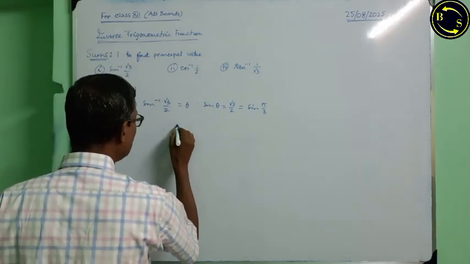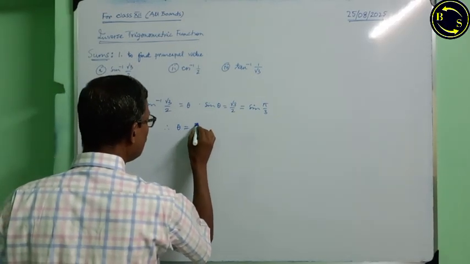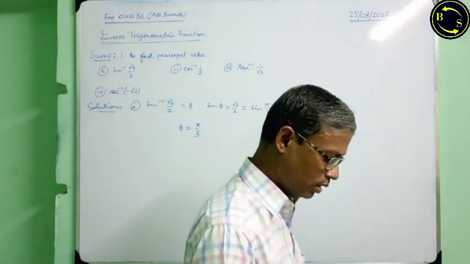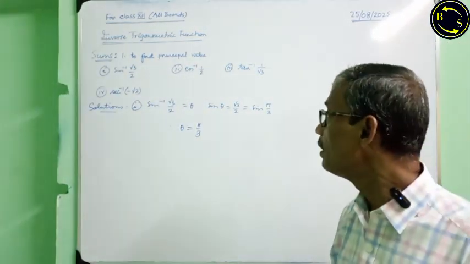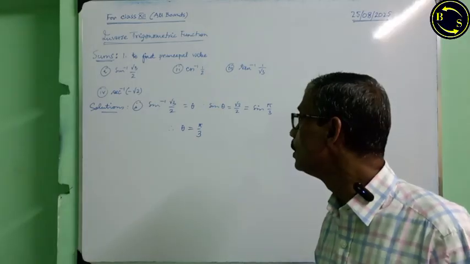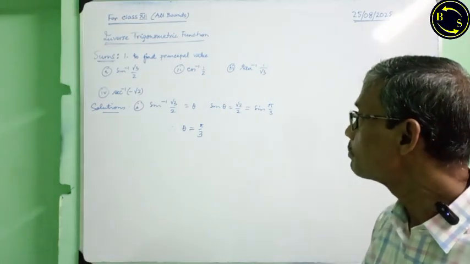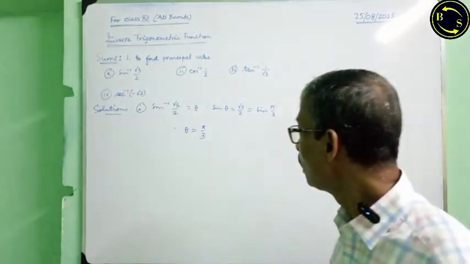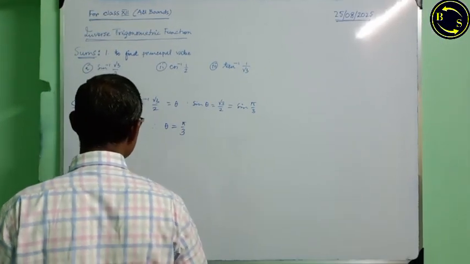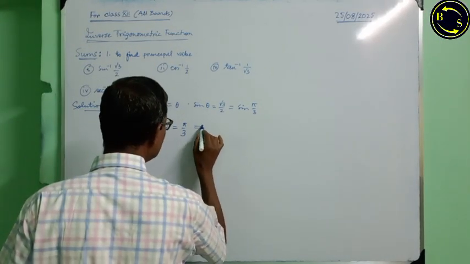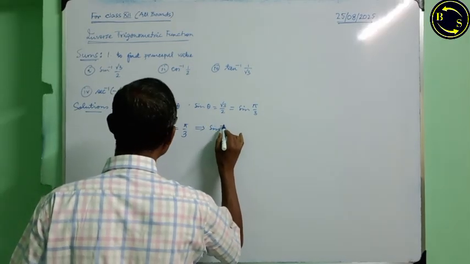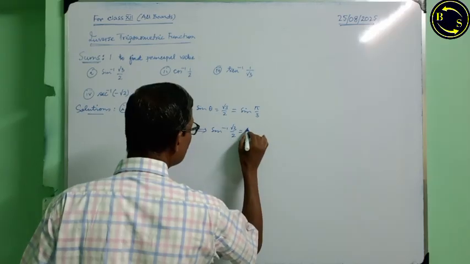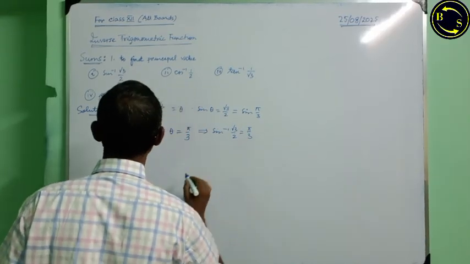Therefore, theta equal to pi by 3, and principal value for this sine inverse is minus pi by 2 to pi by 2. Keep it in your mind. Therefore, theta equal to pi by 3, that is sine inverse root 3 by 2 equal to pi by 3.